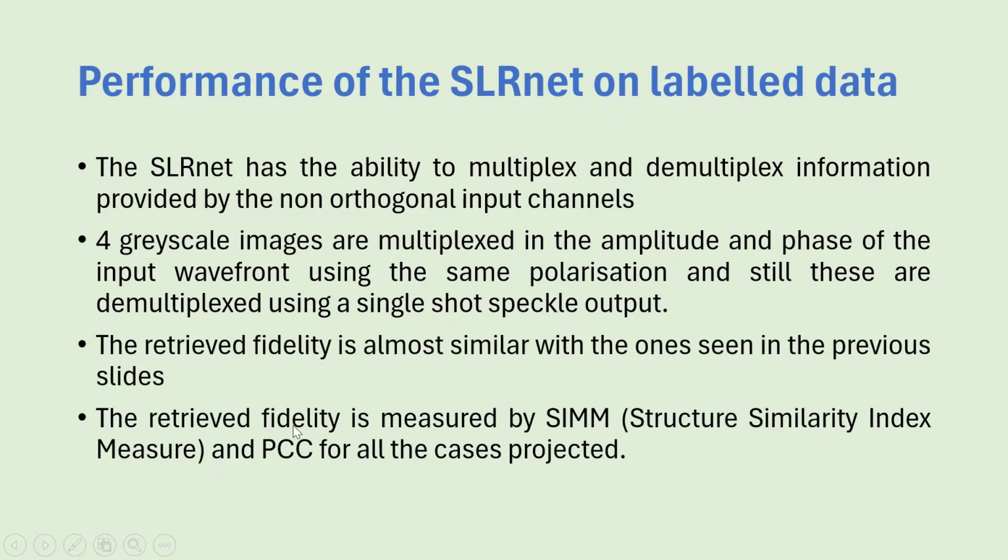And we shall see another parameter that is used to output the performance value of our SLNet, and that parameter is called the SSIM, Structural Similarity Index Measure. Previously, we've been seeing the Pearson correlation coefficient that is used to determine the performance of the SLNet. This time, we shall also be seeing how the model is performing with respect to the structural similarity index measure.